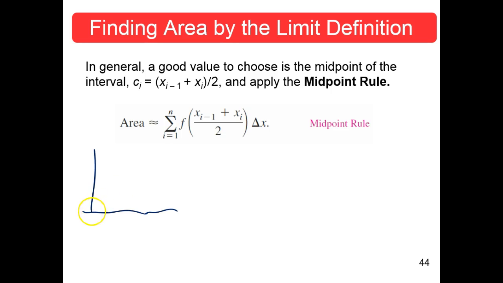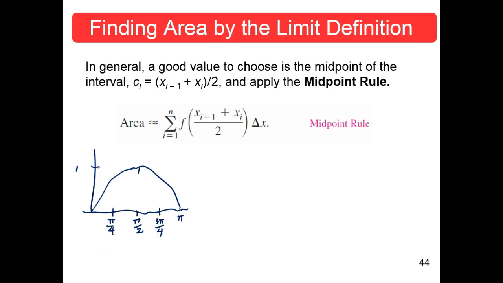Well, sine x goes up to 1 at pi over 2 and down to 0 at pi. This is pi halves, this is 1, and it says with n equal 4. So there's n equal 2, there's n equal 4. So this will be pi fourths, and this is 3/4 pi.